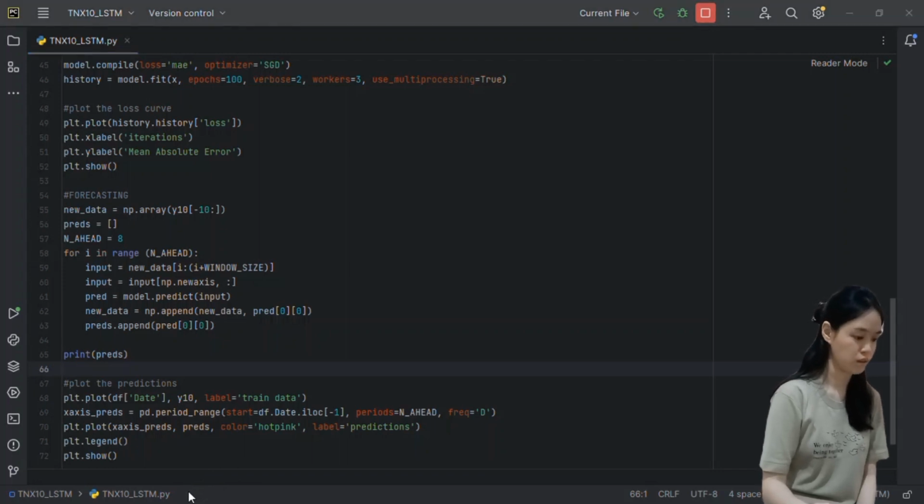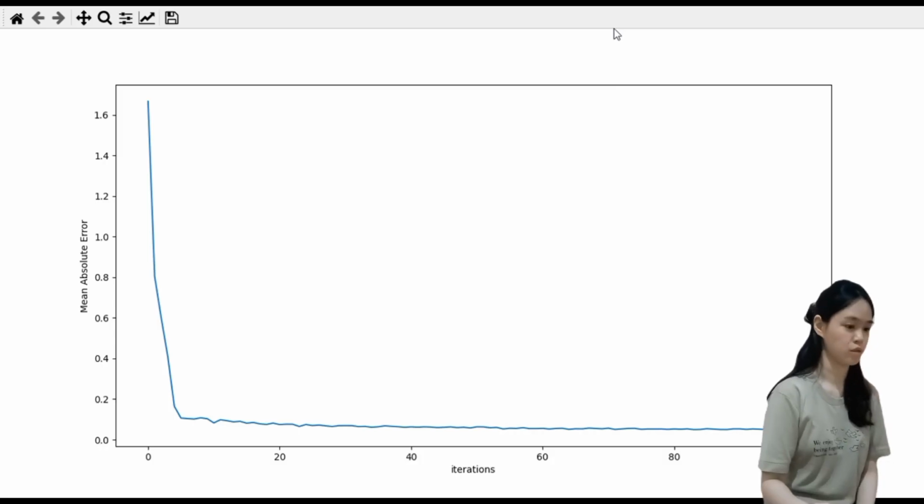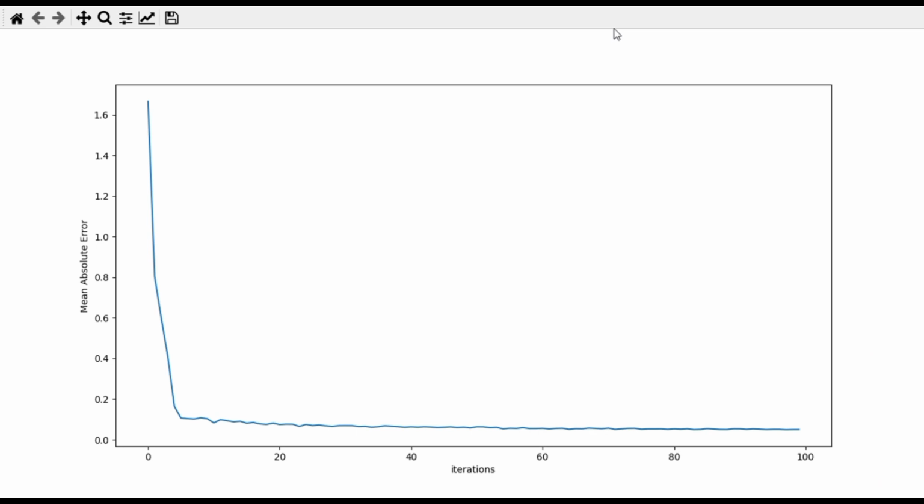Okay, so the training has been done now. Here is the loss curve going from the first iteration to the 100th iteration. As you can see, it goes down. It dropped to almost 0 in just a few iterations. So let's zoom in.